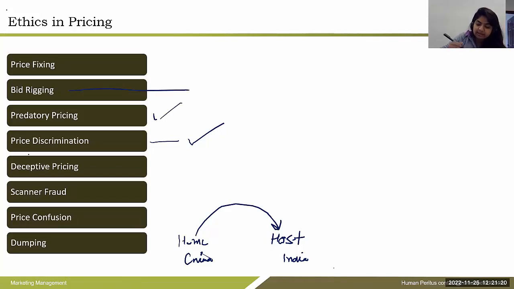Bid rigging. Bid happens in all these tenders like I told you. So in bid rigging, what happens is one of the bidders removes the bid, or places a higher bid or a lower bid and removes the bid. Why? So that the other party who's probably related to them gets that bid offer.